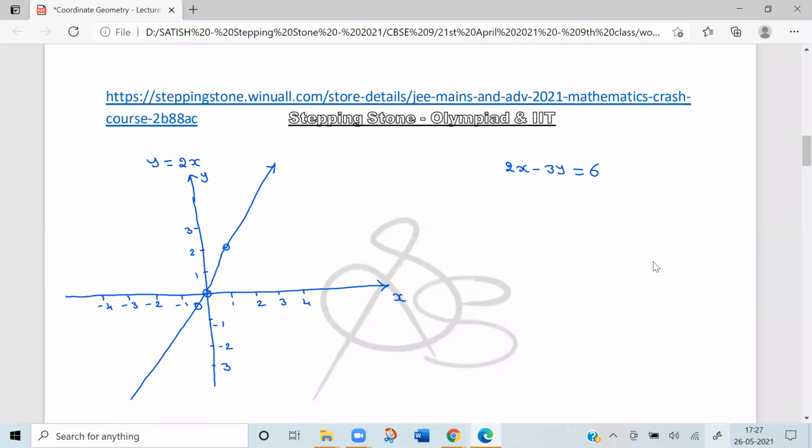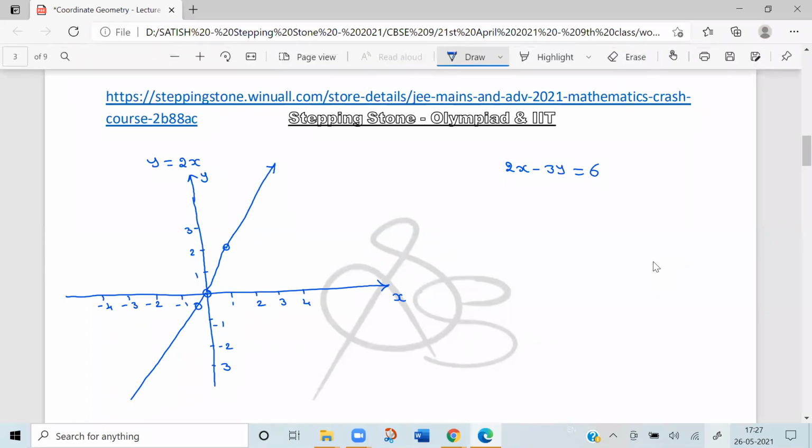In the same manner, do this one. Now, either you can write y in terms of x, or else you calculate 2 ordered pairs. Which ordered pairs should you calculate so that you can plot easily? You substitute x equal to 0 and calculate the y value, and you substitute y equal to 0 and calculate the x value, and use those 2 points.